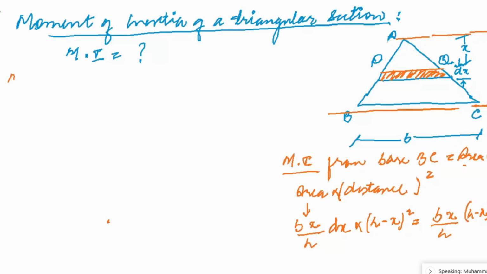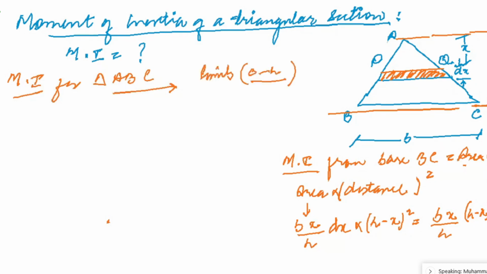Now your moment of inertia for triangle ABC can be calculated within the limits of height 0 to h. Limits will be 0 to h.